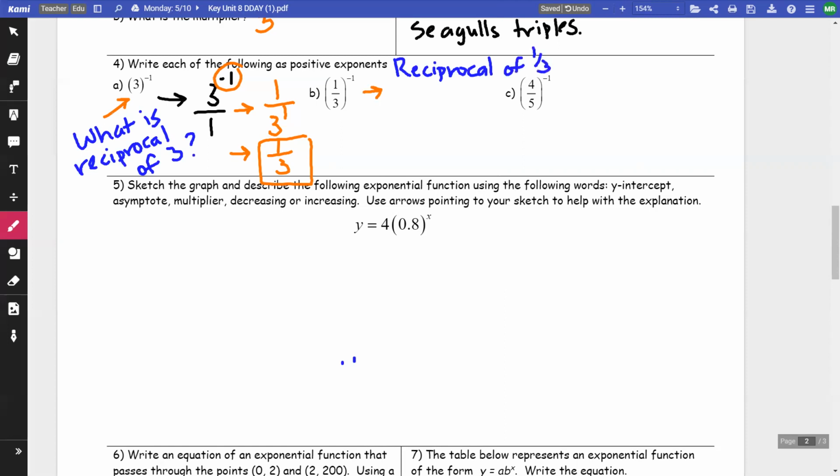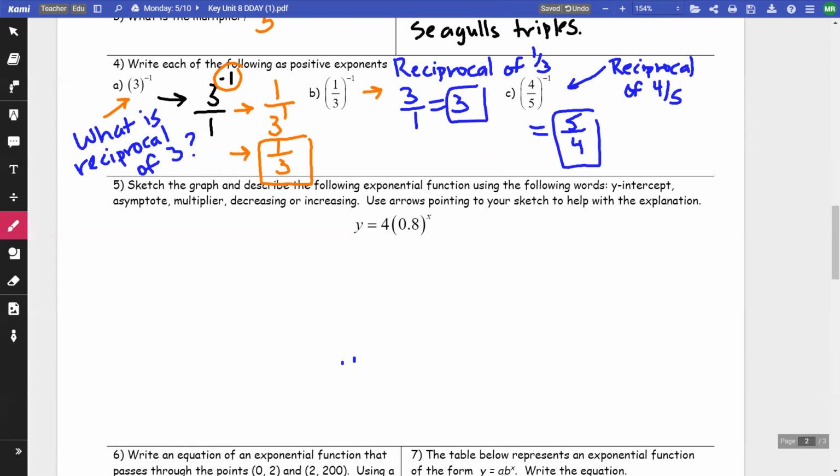So the reciprocal of 1/3 is 3 over 1 or 3. And here, this is really saying, what is the reciprocal of 4/5? So the reciprocal of 4/5 is 5 over 4. And those are our answers.